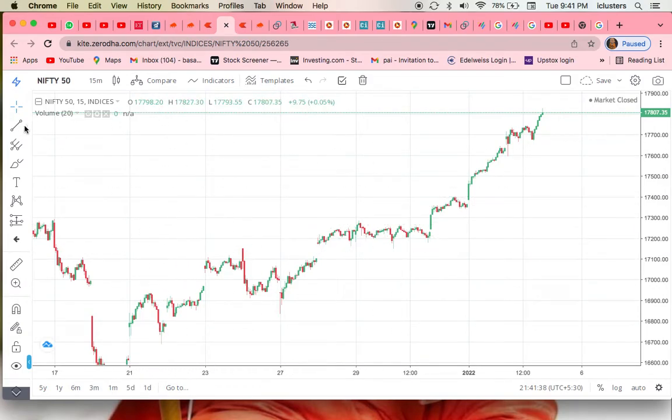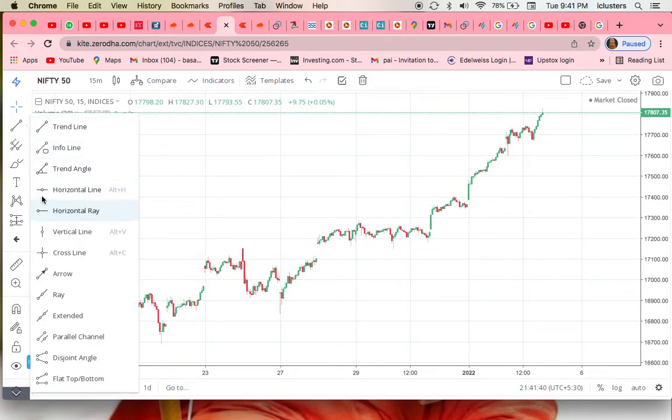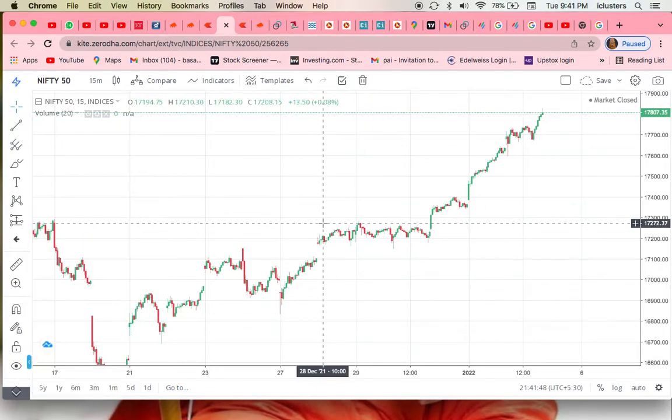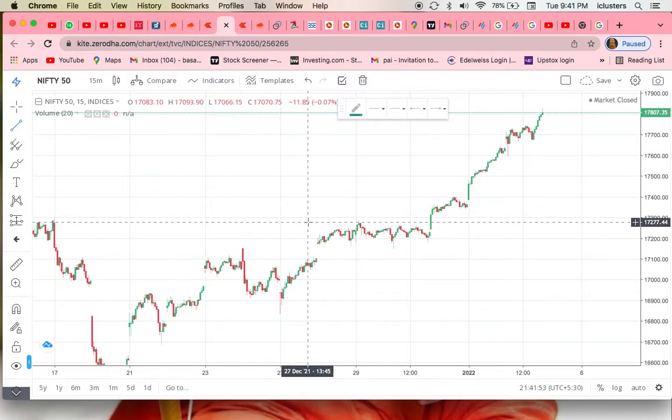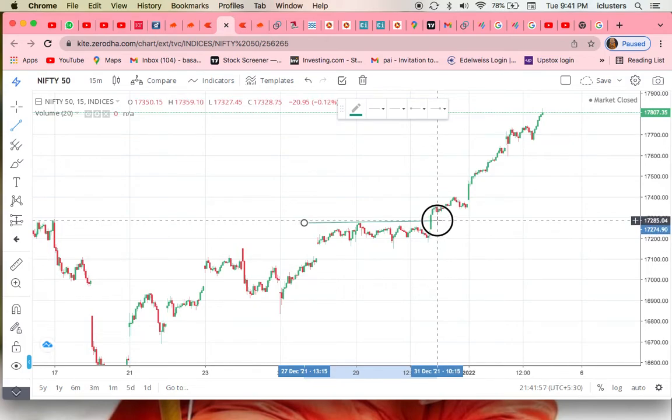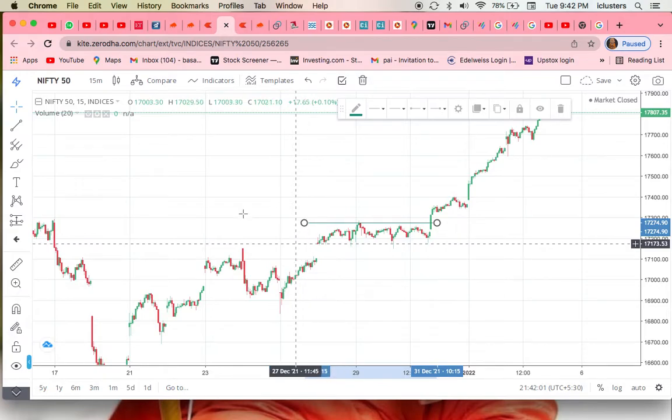See, I will draw the trend line here. See, in this zone price is moving in this consolidation area only.